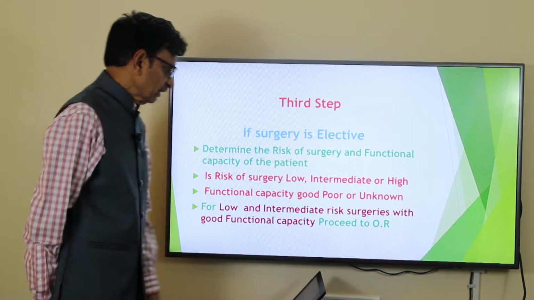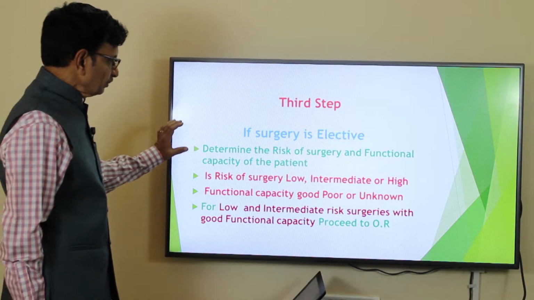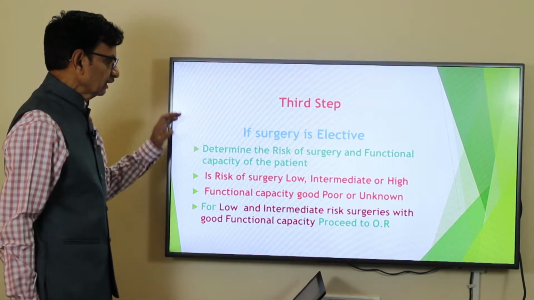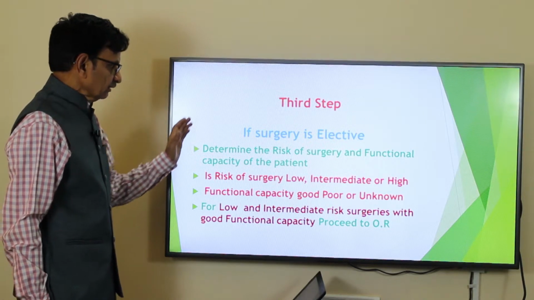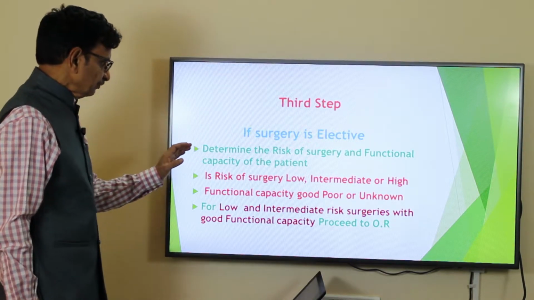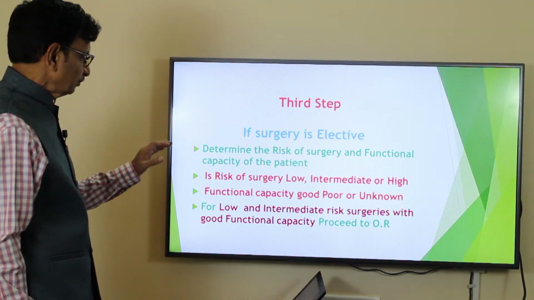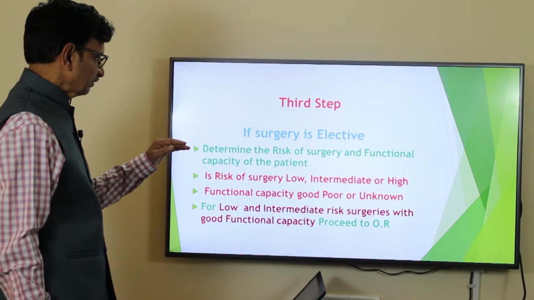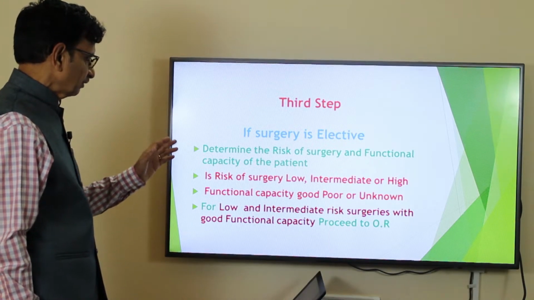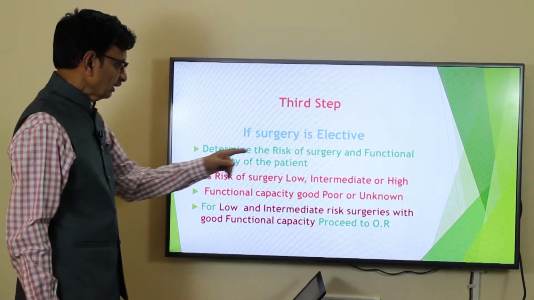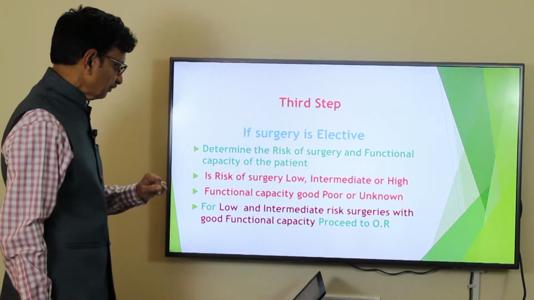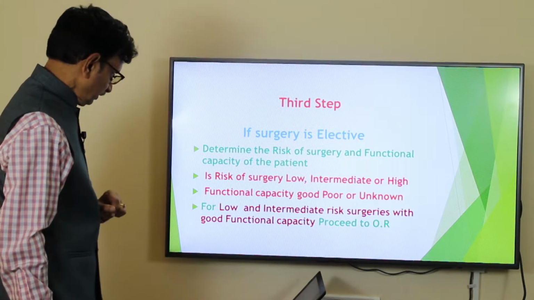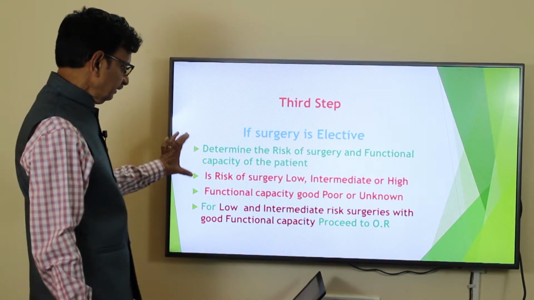So now in this step, you are trying to find out the type of surgery and the risk of surgery. Based on the type of surgery, you will know what risk of surgery is there, whether it's low risk, high risk, or intermediate. And also you're trying to evaluate the functional capacity, whether it's good, poor, or unknown. Why are these important?